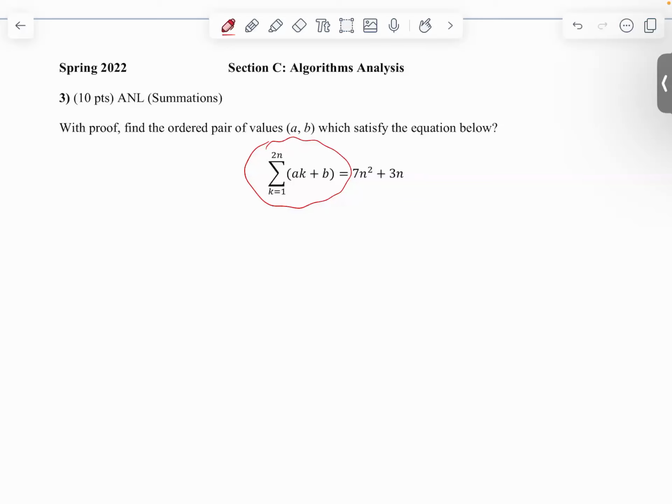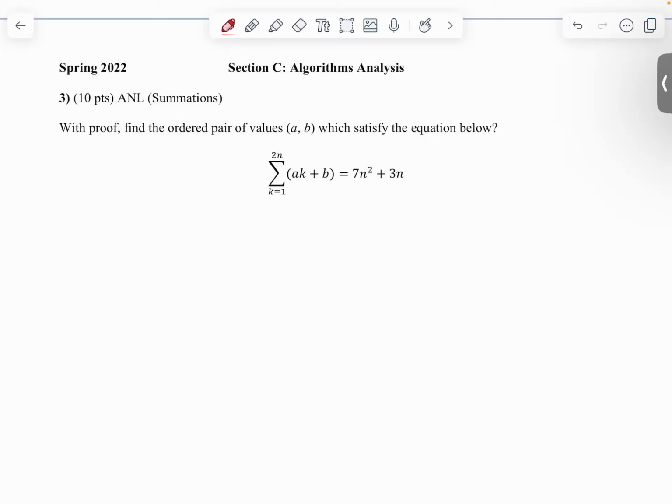Yeah, they can be split, which I'm definitely going to do. Another way would be, because this is ak plus b where k is the index, you could do the arithmetic summation formula if you know it, but I'm not going to do it that way. I'm just going to split it up.